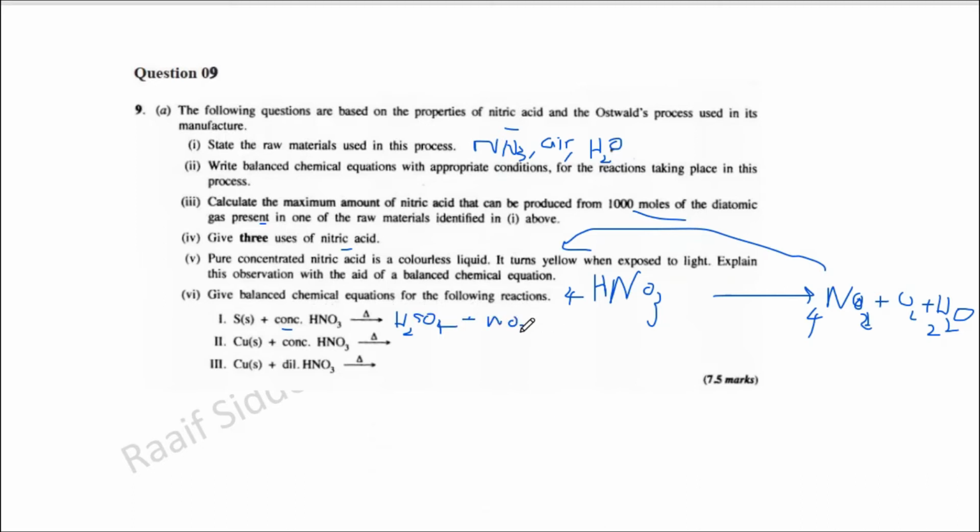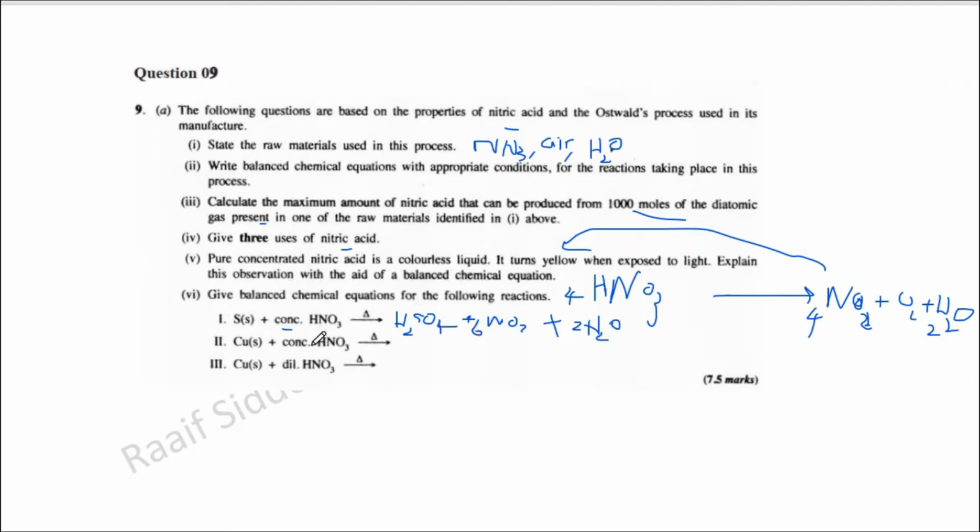This is the oxidizing power of HNO3, because when you have HNO3, it will first decompose, forming NO2, O and water, not dioxygen, actually atomic oxygen in the reaction with sulfur. Okay, so H2SO4 is formed, NO2 is formed, and additionally water is formed. So in the balanced equation, you should have 2 water molecules. Try to balance these. It will be 1 here and 6 here in front of NO2.